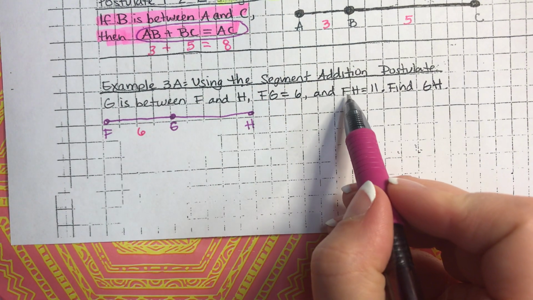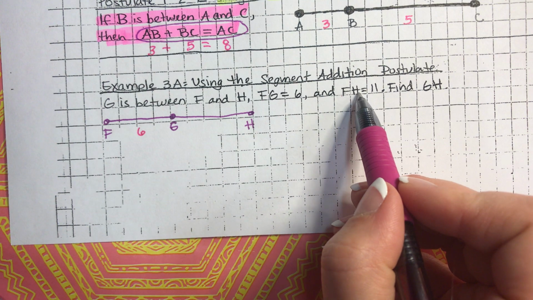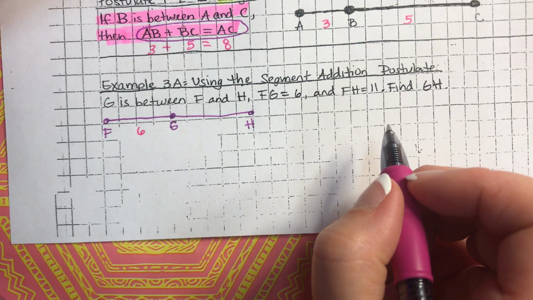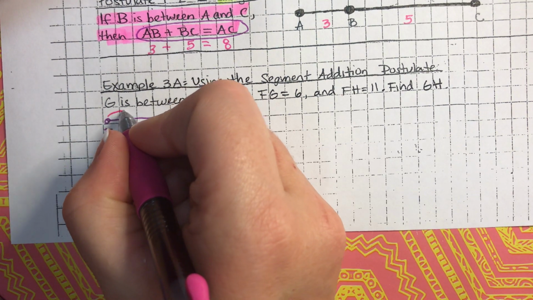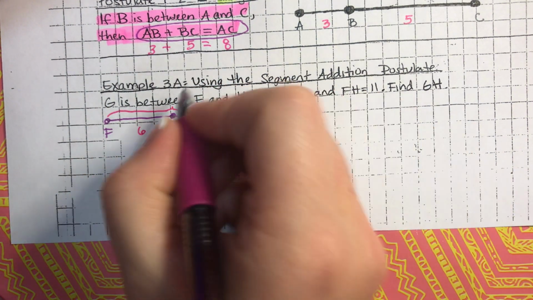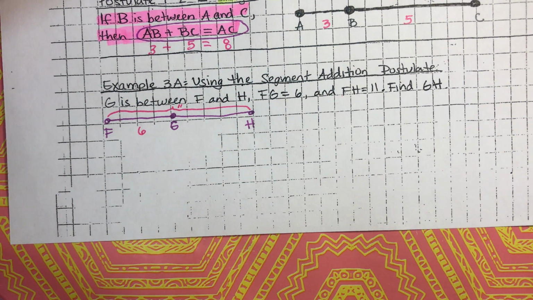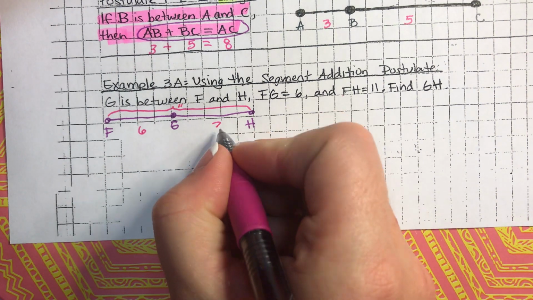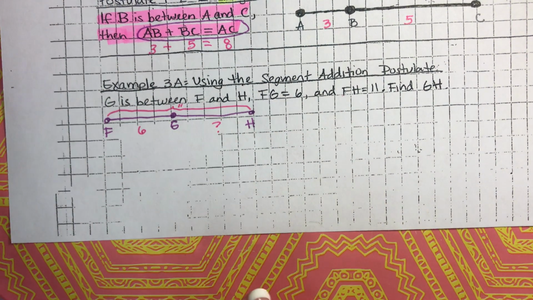And then it says FH is 11. So that means this whole thing is, I don't even know how to write 11 up there, but that's itty bitty 11. Find GH. Okay, so this is the part over here that we don't know.